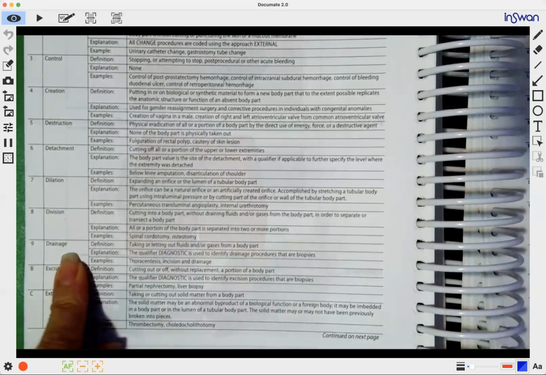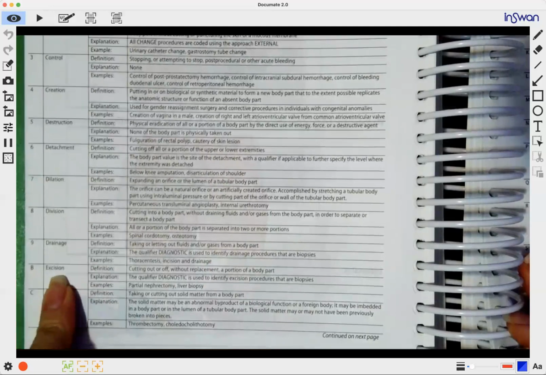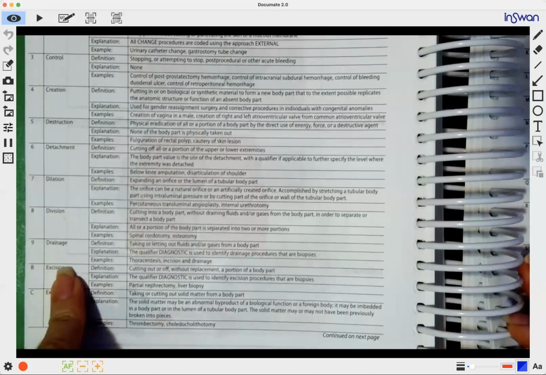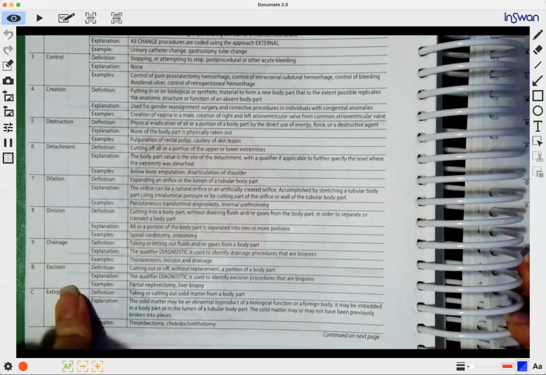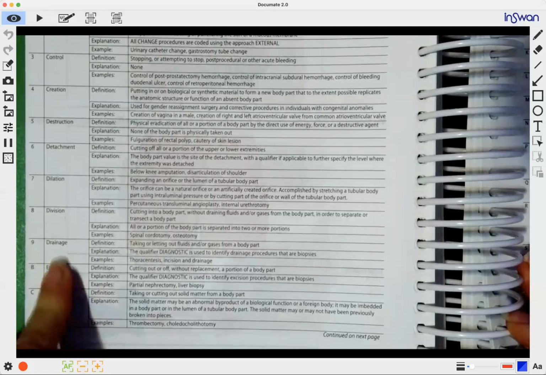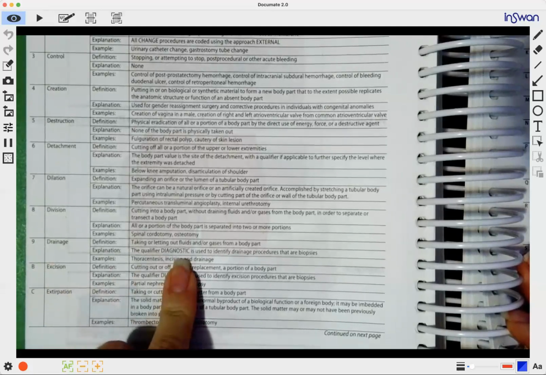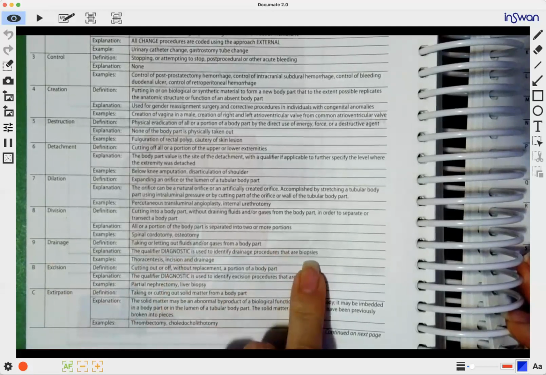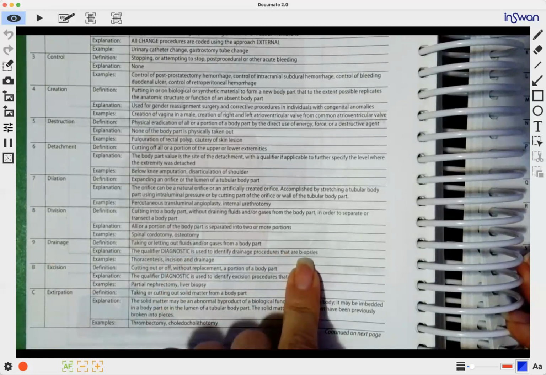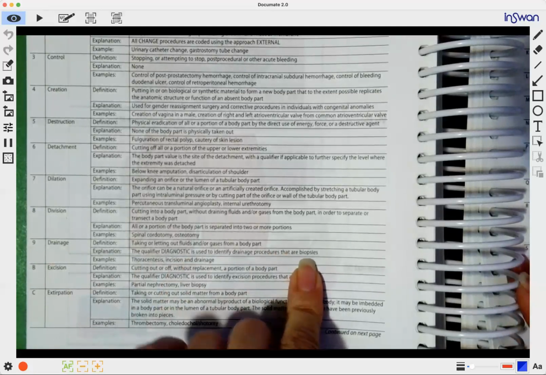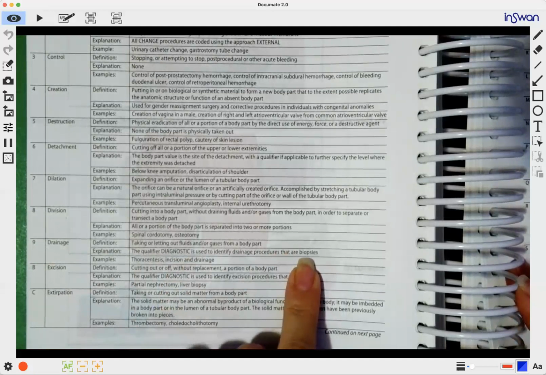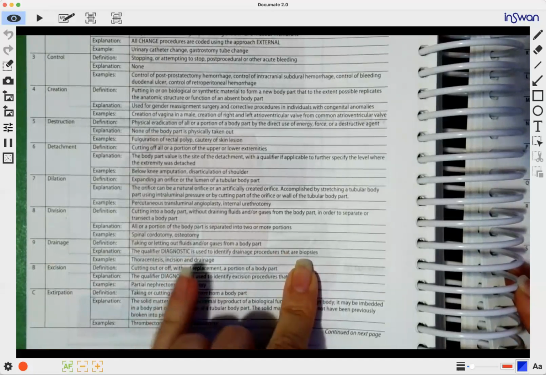Now with your drainage procedures and your excision procedures, when it comes to your qualifiers in the PCS tables, anytime they've done it for diagnostic purposes, then you're going to have a diagnostic qualifier. So when it's a biopsy, so they take a sample out so that they can send it to pathology to figure out what the diagnosis is. That's what we call diagnostic.